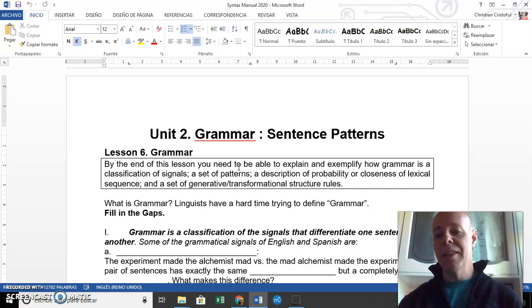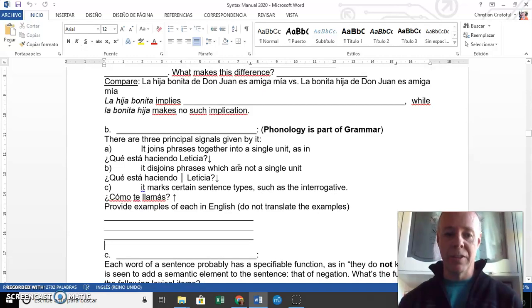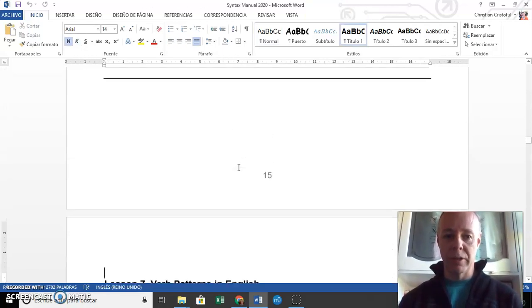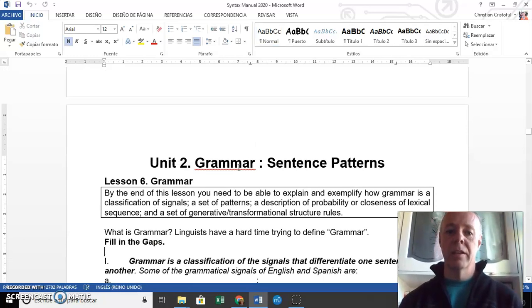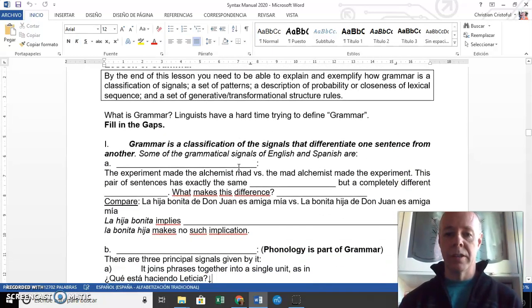And we will see that grammar has a dictionary definition, but linguists are not happy with that. They say that the term grammar must be defined scientifically. That's why we have several definitions of grammar here. Actually, we have how many? 5 definitions of grammar. Okay, so we're going to go over these definitions.